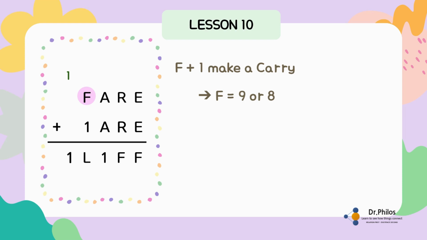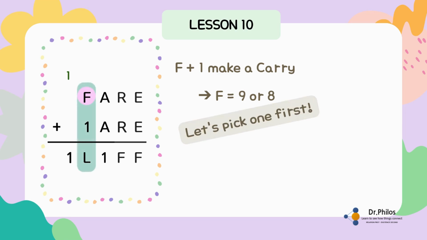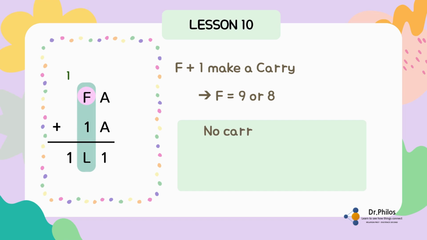Do you think it would help if we figured out the exact number for F right now? Definitely. If we figure that out first, the rest of the problem is a piece of cake. Let's try both numbers, 8 and 9 for F, by looking at their neighbors. If there is no carryover from the hundreds place, F is 9 and L is 0.